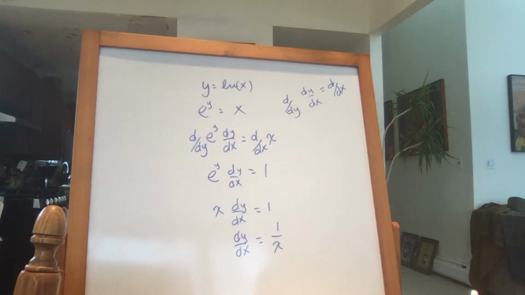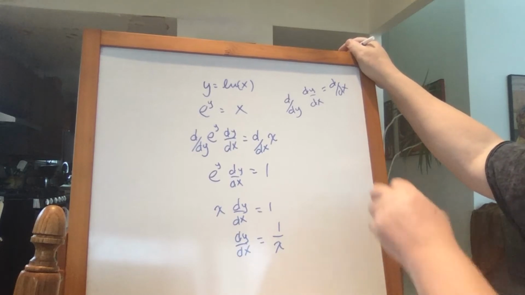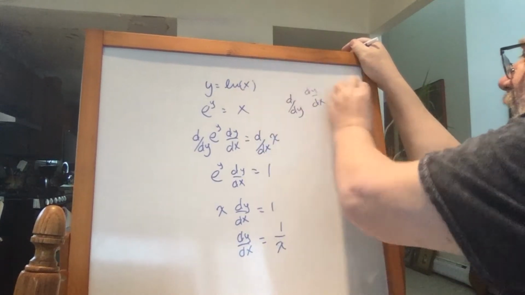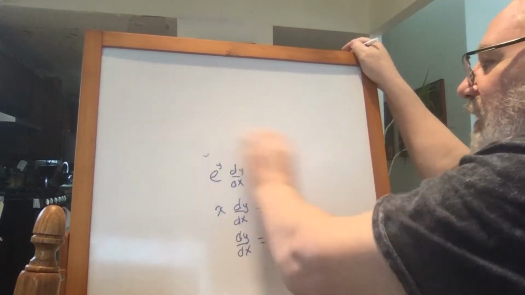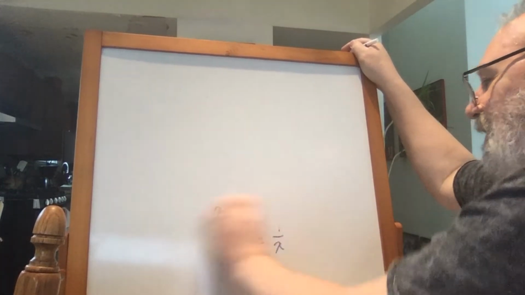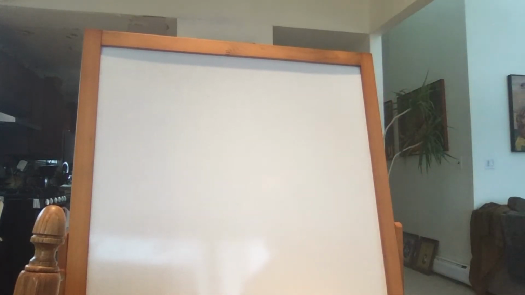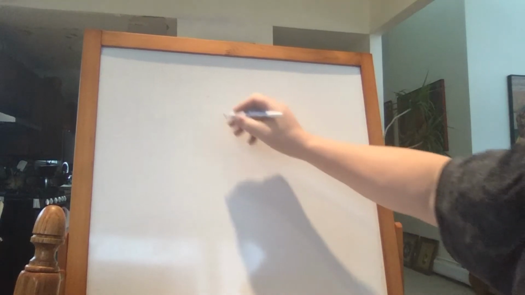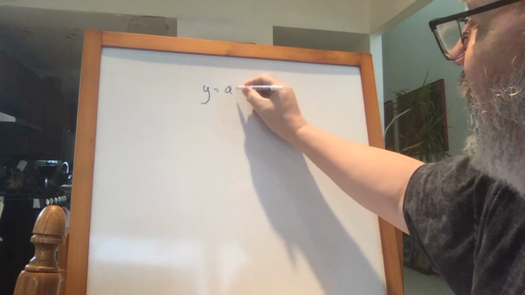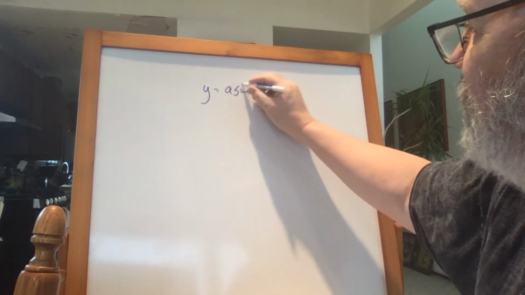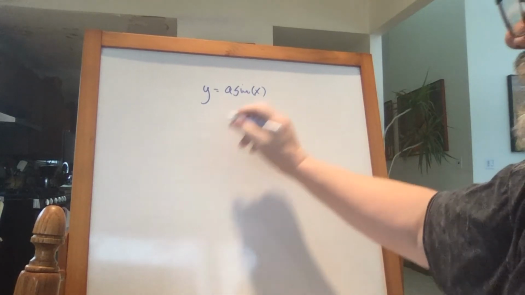That's pretty cool. Now that we know that, we can do some little mix and match on some of these, impress your friends sort of thing. Show them that you can take these really difficult derivatives. Okay, so y in this case equals arc sine of x. We get rid of that arc sine.